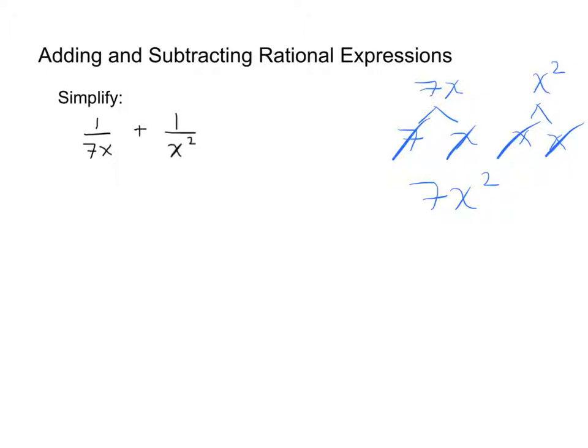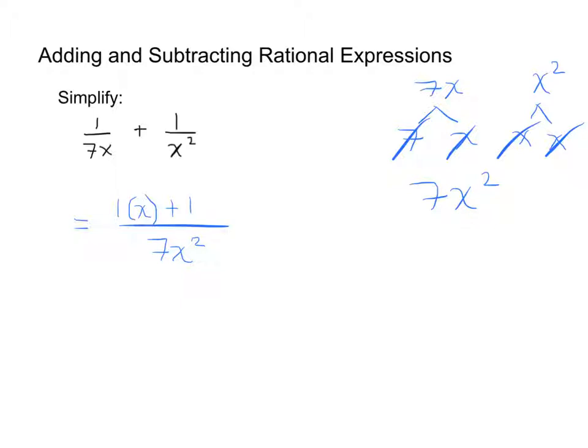So then we need to change the denominators into 7x squared. What do I have to multiply 7x by? By x, right. So this first one is going to be 1 times x. And the second one, what do I have to multiply it by? 7, right.